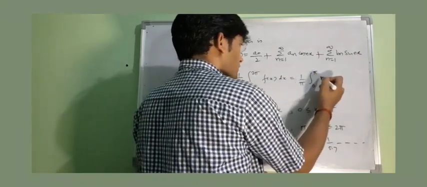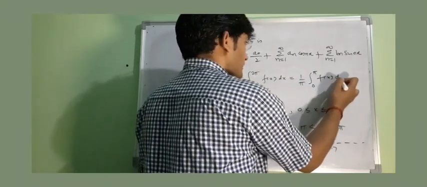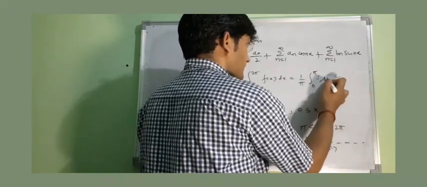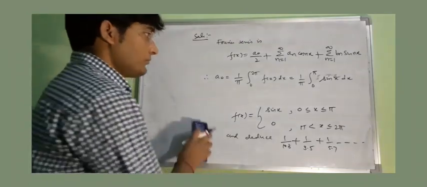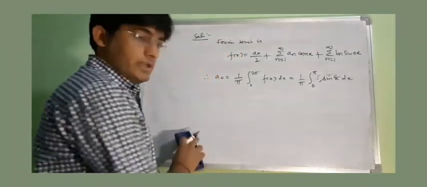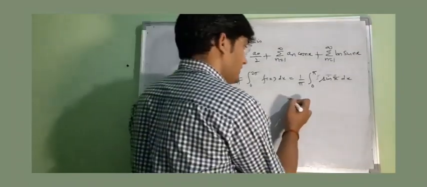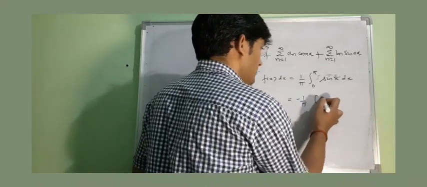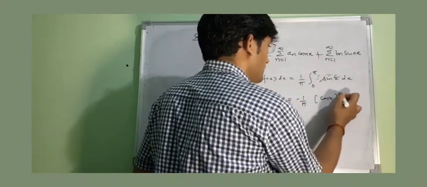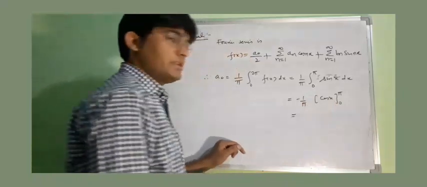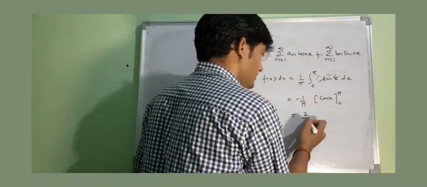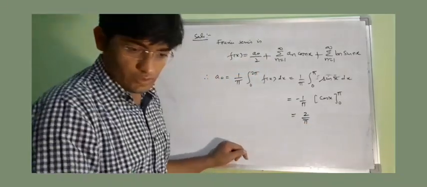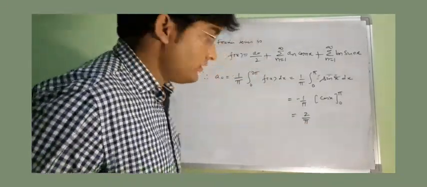So this will be integral 0 to pi f(x) dx, and in this case the value of the function is sin x. Now the integration of sin x is minus cos x, so this will be minus cos x, and the limits from 0 to pi. As we know that cos pi is minus 1, cos 0 is 1. So this will be 2. So this will be 2 upon pi. So your a naught is 2 upon pi.